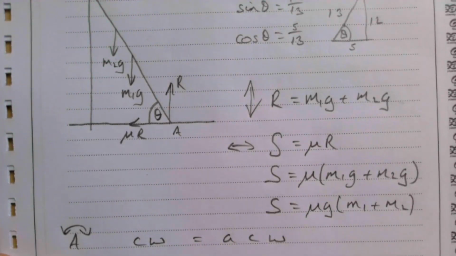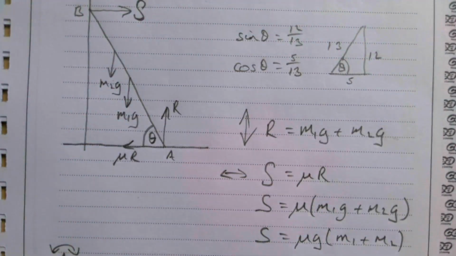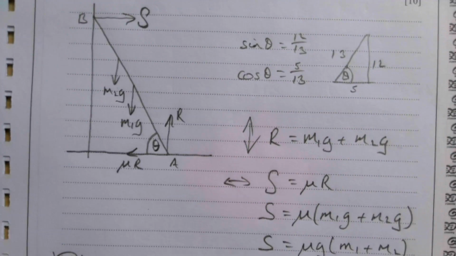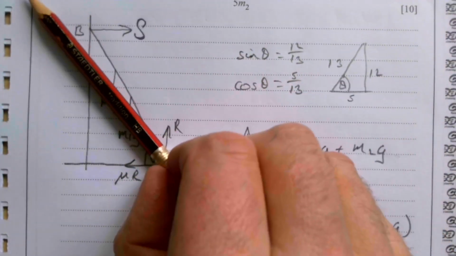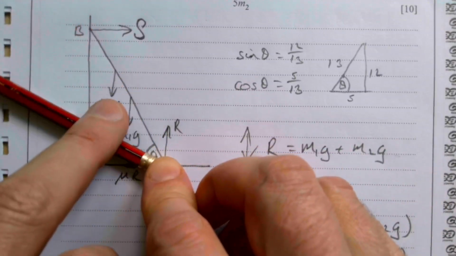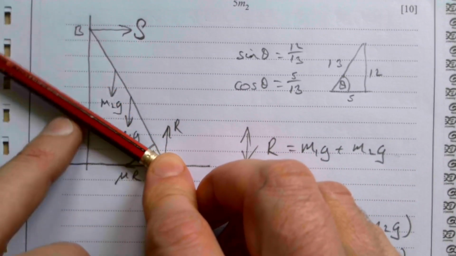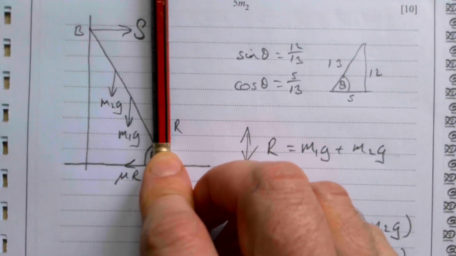And we have distances in here as well that we need to work out. We're told the ladder then is 6 long. The reason for taking moments about A is that the mu R and the R have no effect, and then the m1g takes it anti-clockwise, that takes it anti-clockwise, and that takes it clockwise. So we just need to try and work these out.